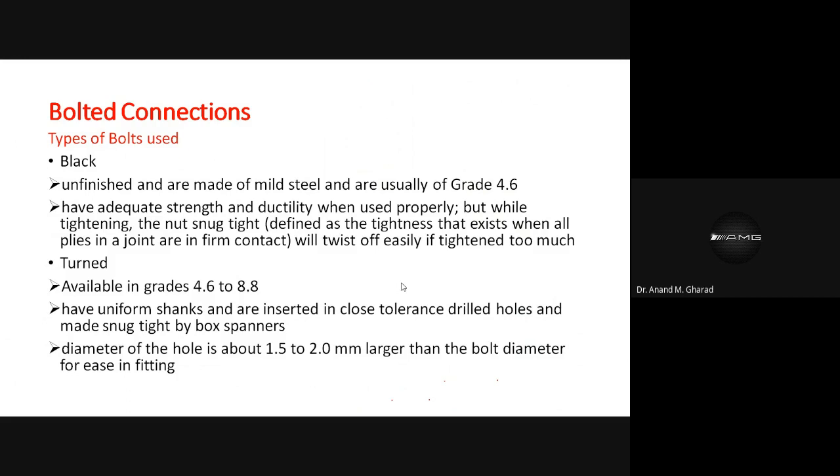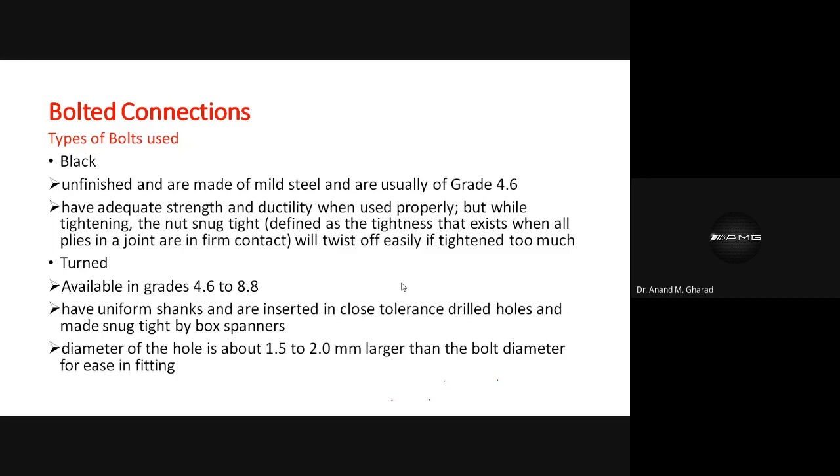So the next type is the black bolt. It is unfinished and made of mild steel and is usually of grade 4.6. Beyond that, black bolts are not provided. They have adequate strength and ductility when used properly, but while tightening, the nuts are made snug tight.